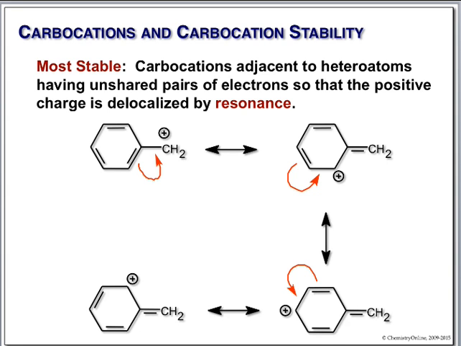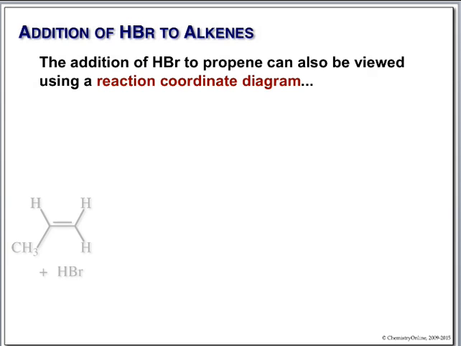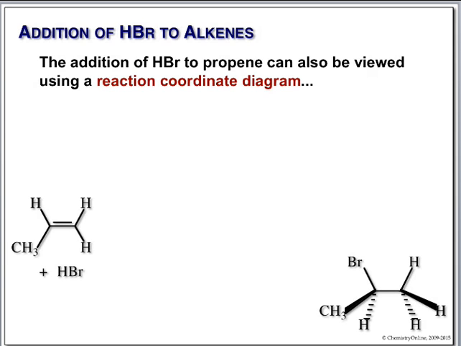Now, in the last chapter, we talked about reaction coordinates to describe a mechanism. Let's take the ionic addition, and let's look at a reaction coordinate for the addition to the alkene.